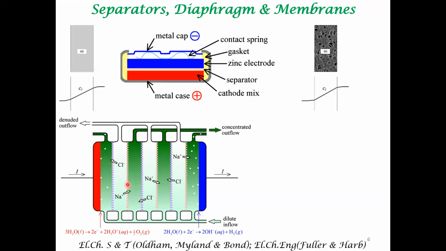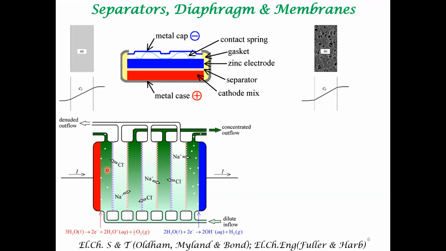And this membrane, which is different in composition from this membrane, will allow for the transport of only Na+. So if you look at this compartment, Na plus and Cl minus are transported into this compartment.